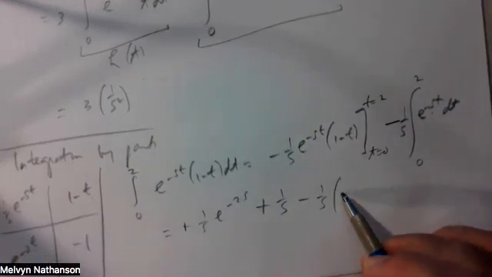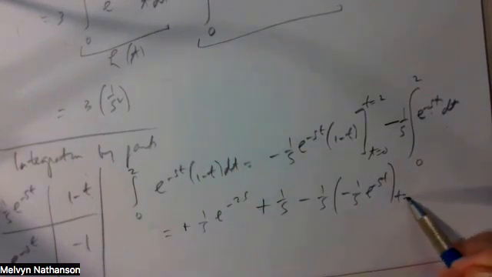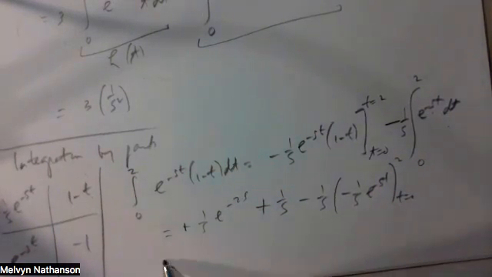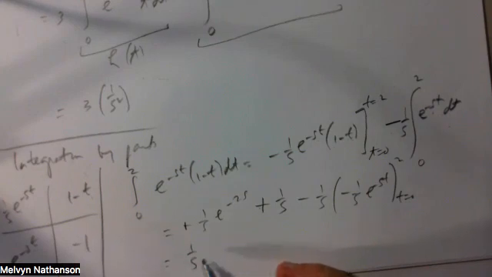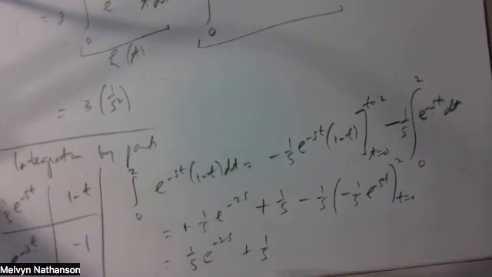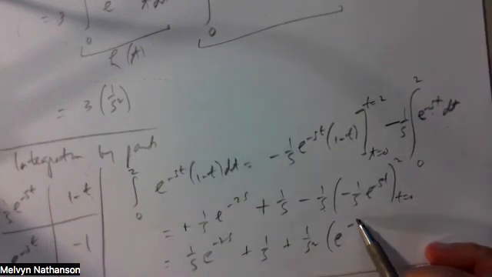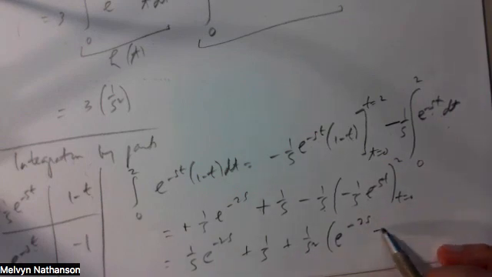Again, it's minus 1 over s, e to the minus st, evaluated from t equals 0 to 2. So I get 1 over s, e to the minus 2s, plus 1 over s, plus 1 over s squared, s times s is s squared, e to the minus 2s minus 1.